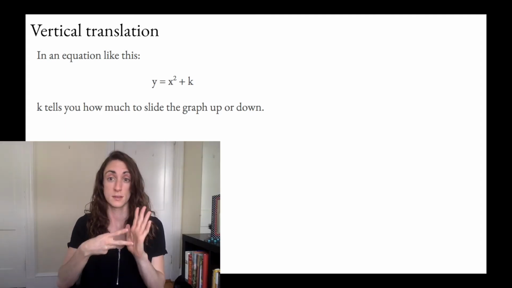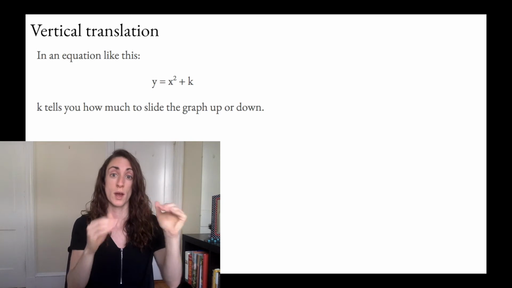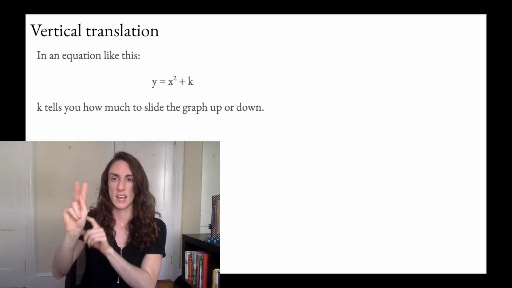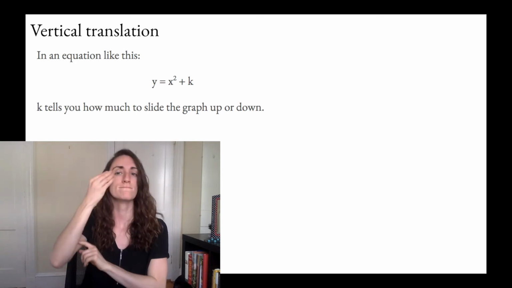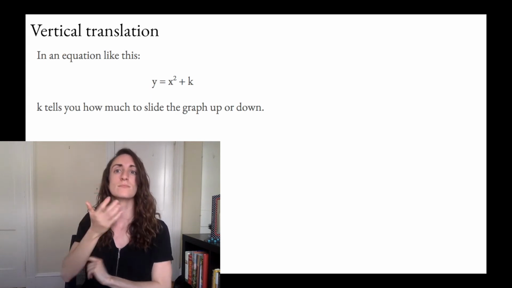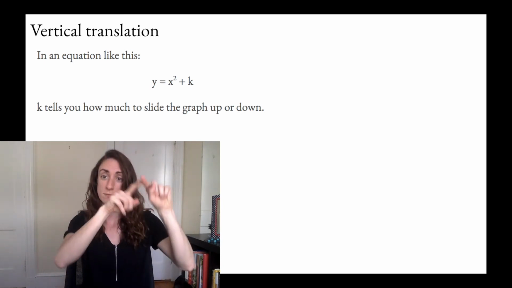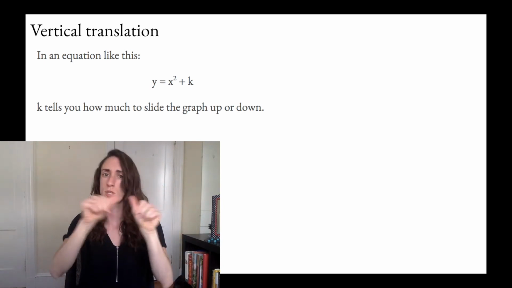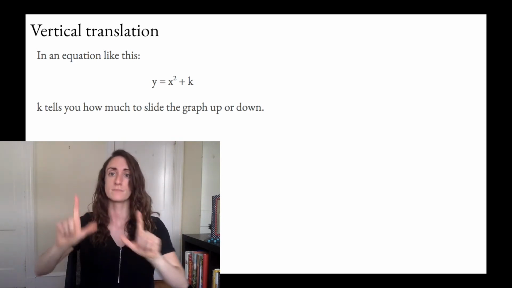So when you see an equation in the form y equals x squared plus k, some number k, that number k tells you how much that parabola shape will move up or down the y-axis. So if k is positive, we'll slide the shape up, and if k is negative, we'll slide it down.